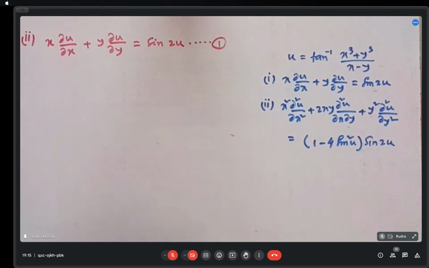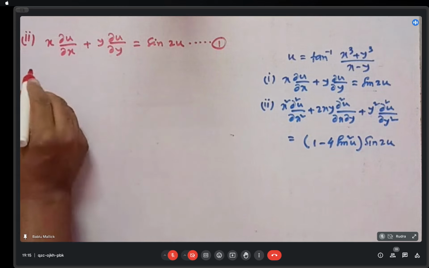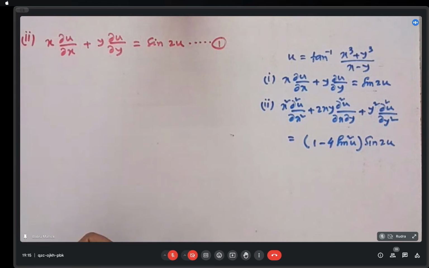Look, differentiating both sides of 1 partially with respect to x, we get this thing.